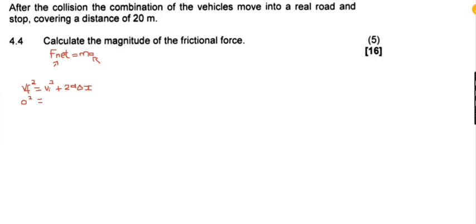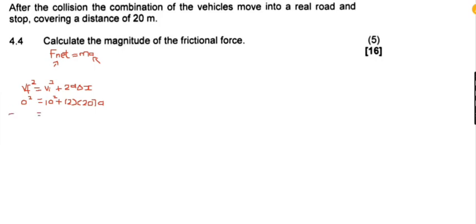I hope that makes sense. So the initial velocity is 10 squared plus 2 times acceleration, which we don't know, but we know the displacement they gave us is 20 meters. And then we have A.